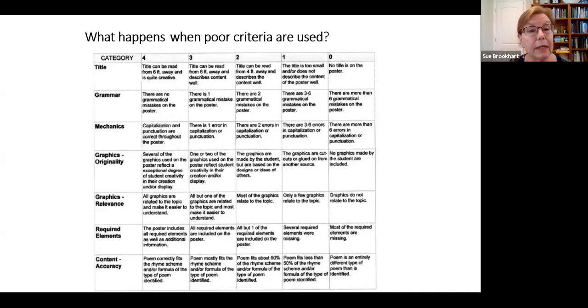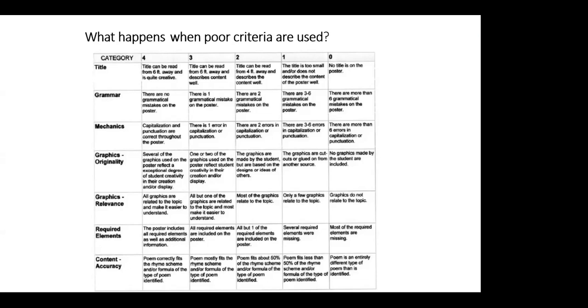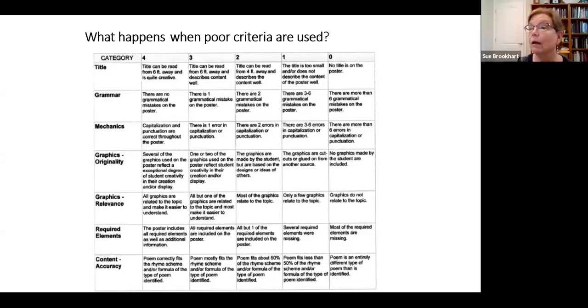And these are the criteria she gave them: title, grammar, mechanics, graphics originality, graphics relevance, required elements, which sort of is redundant to some of the rest of that, and then content accuracy, whatever the heck that means in terms of poetry.